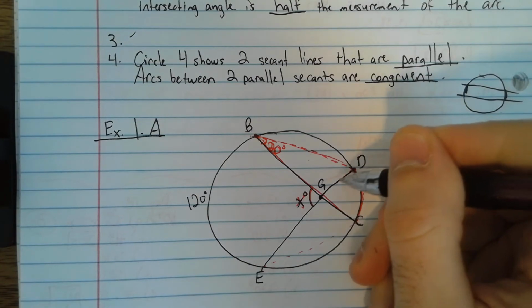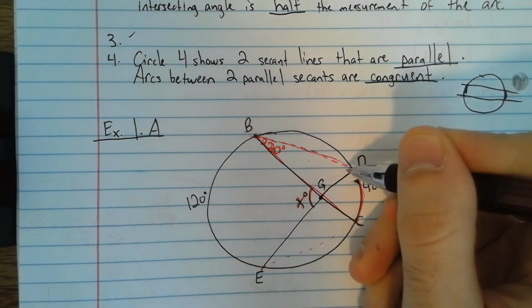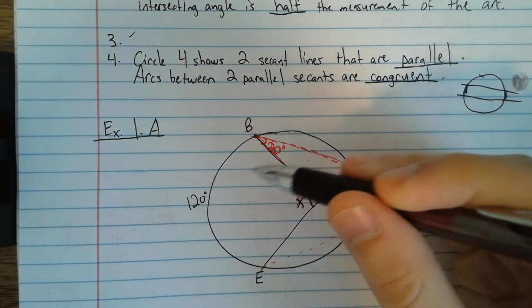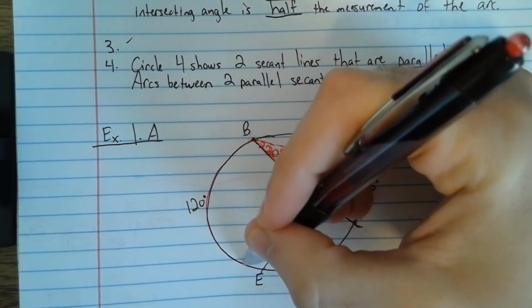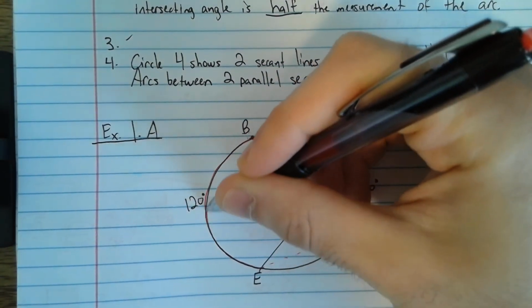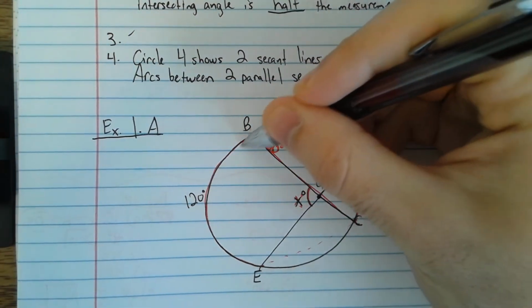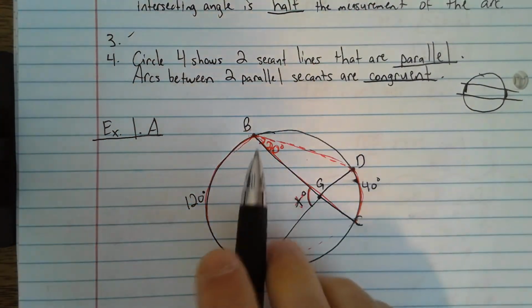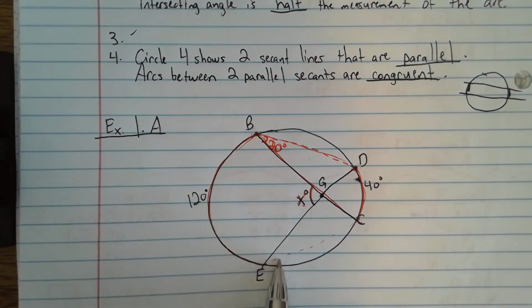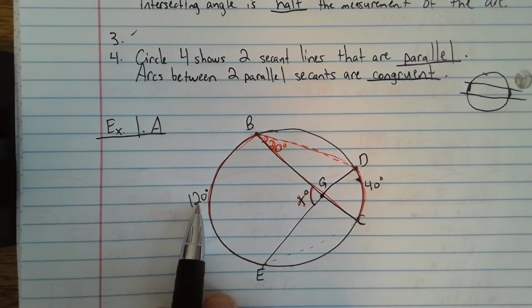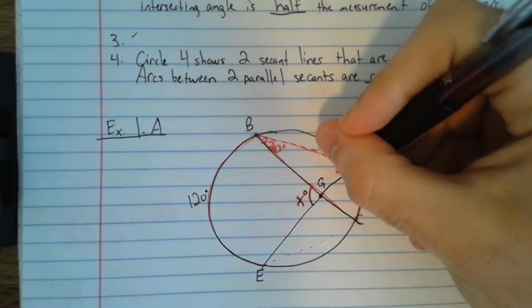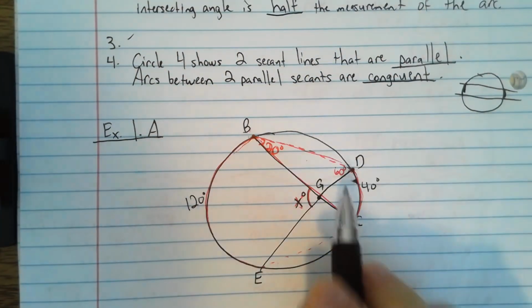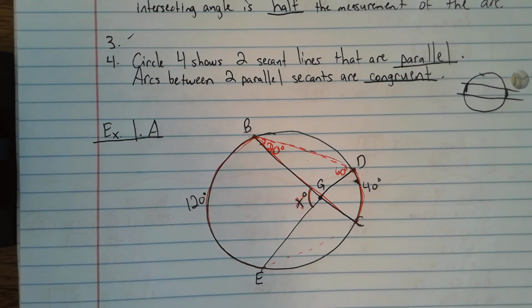Does this inscribed angle intercept an arc that we know the measure of? The answer is yes. Arc BE is 120 degrees. So if arc BE is 120, the inscribed angle BDE is going to be half of 120. If you do 120 divided by 2, you get 60 degrees.